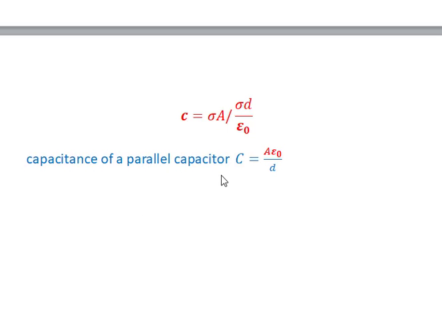So the capacitance of the parallel plate capacitor C is equal to A epsilon naught divided by d.